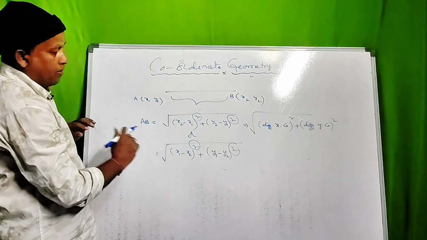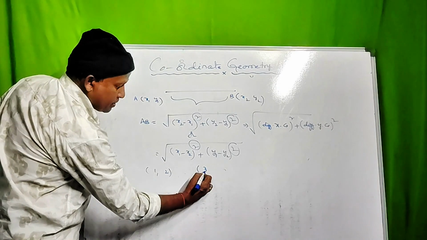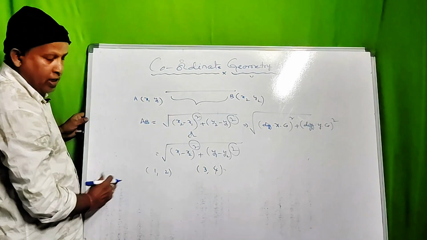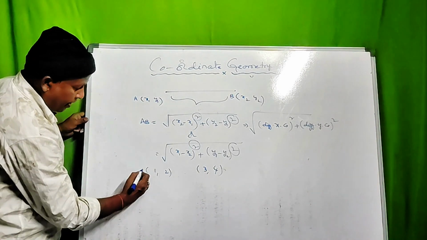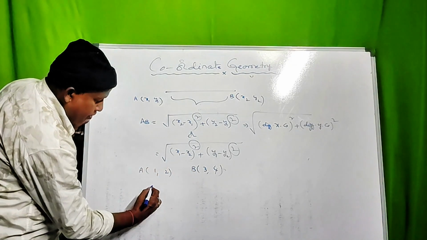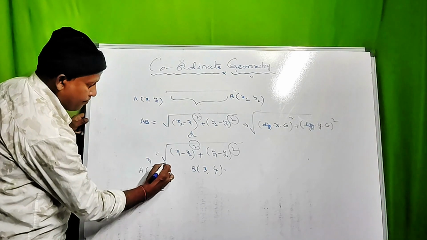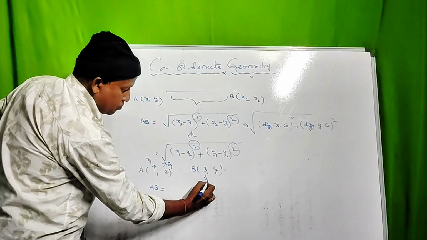For example, here the point (1, 2) is there, and here (3, 4). We have to find the distance between them. Consider these two are A and B. What is the formula? Consider (1, 2) as x1, y1 and (3, 4) as x2, y2.